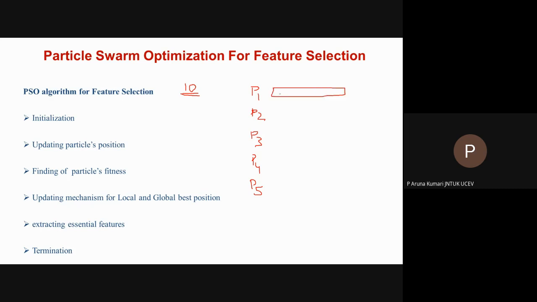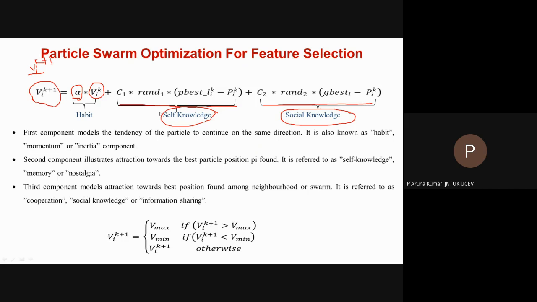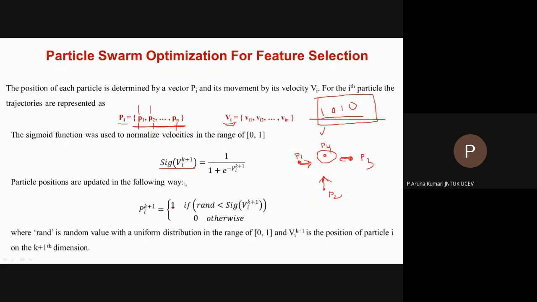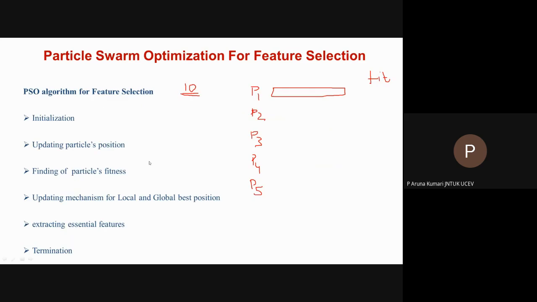I have initialized using my sigmoid function. I have encoded each and every particle as 1 or 0, and I have calculated the fitness function value for each particle using this fitness function.